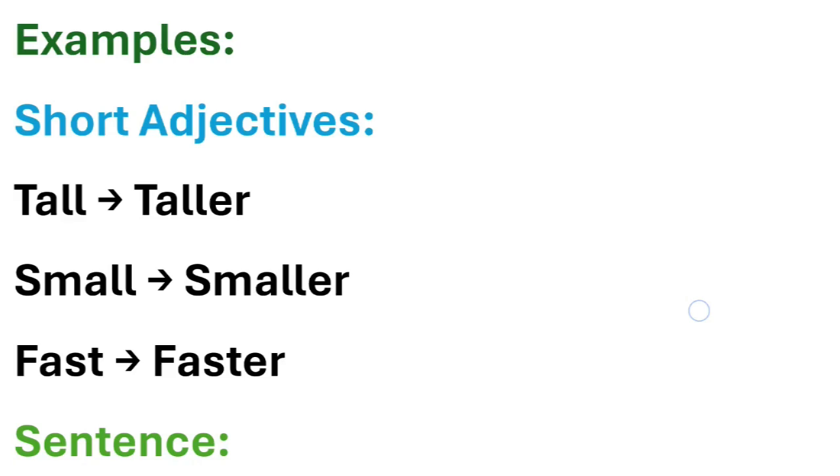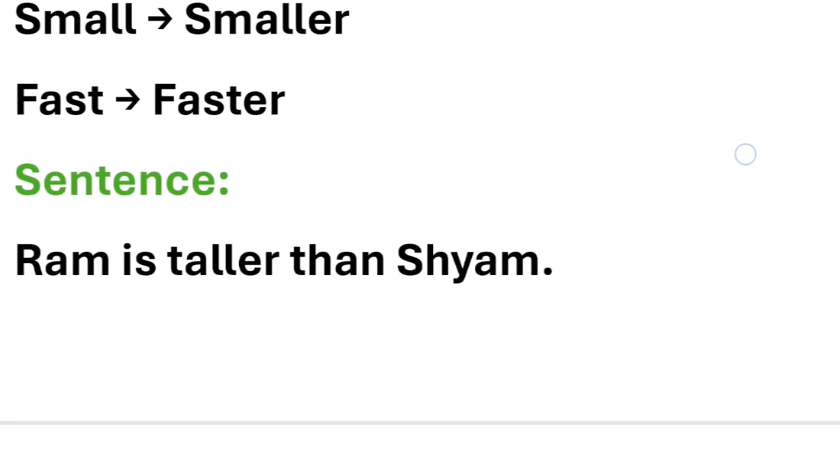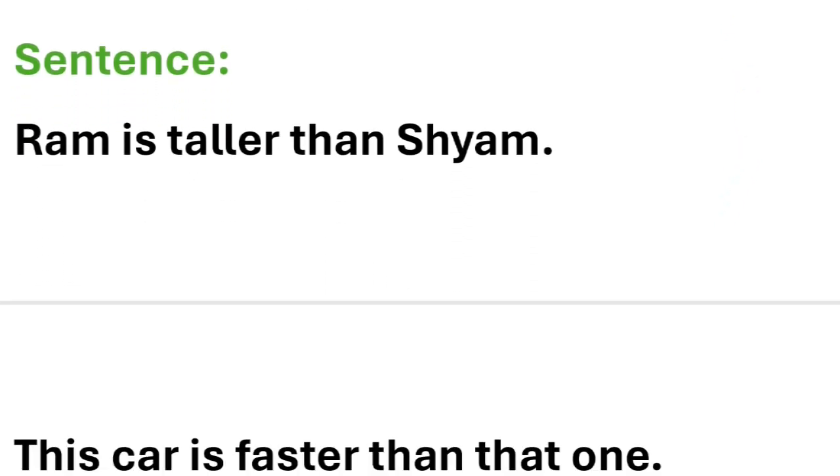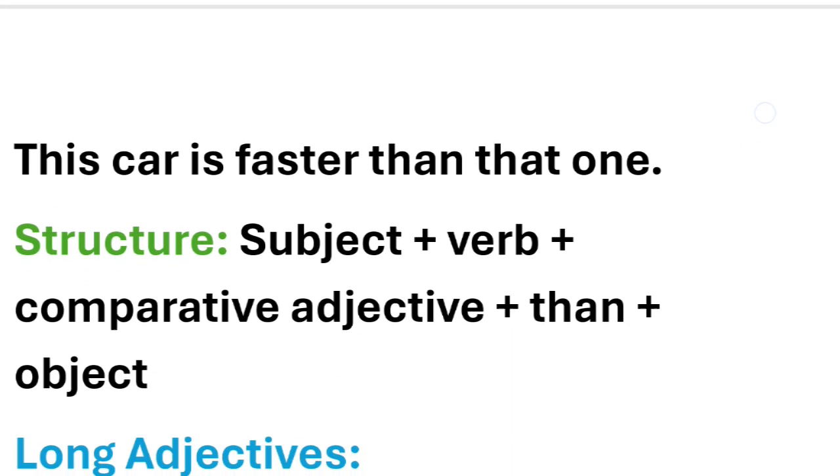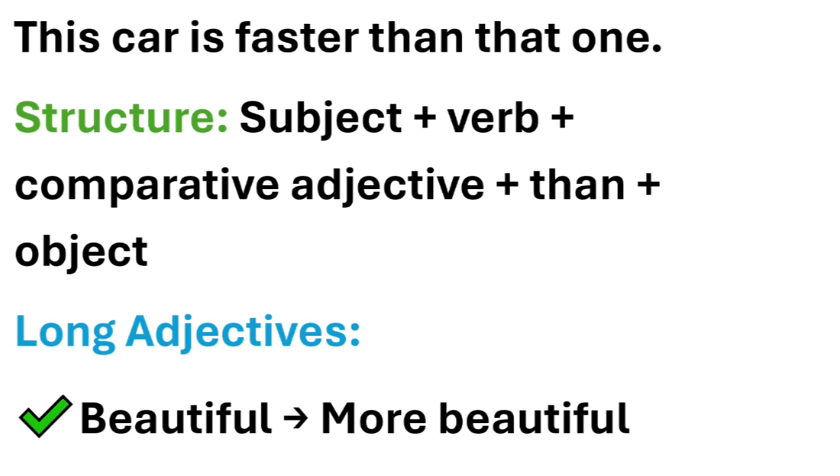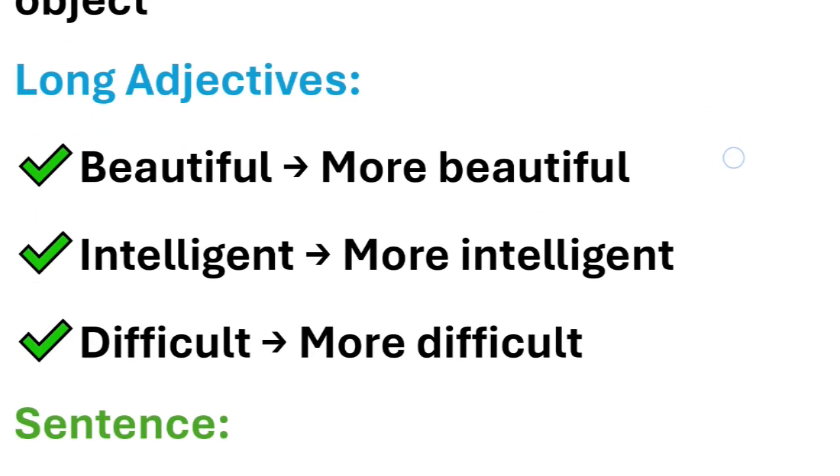Fast becomes faster. So er has been added at the end of these short words, tall, small, and fast. A sentence can be made as Ram is taller than Shyam. This car is faster than that one. Over here also er has been used as faster. So the structure can be subject, then verb plus comparative degree, and then than, and last will be the object.